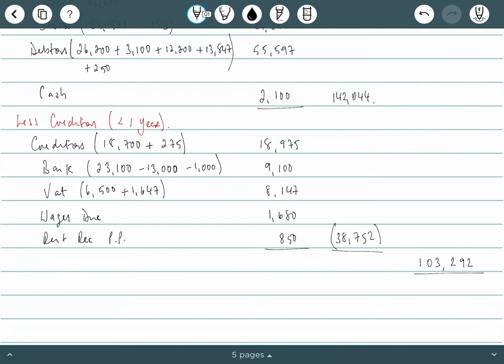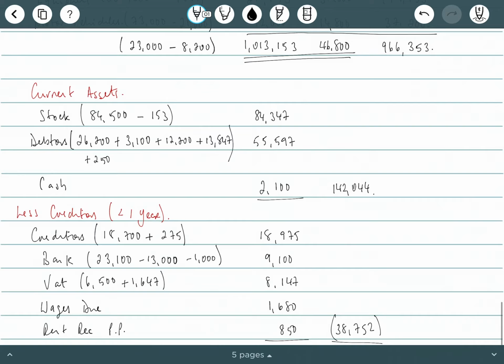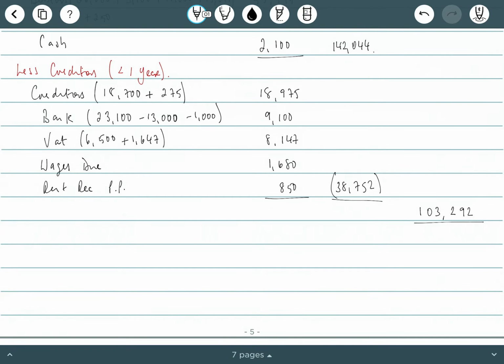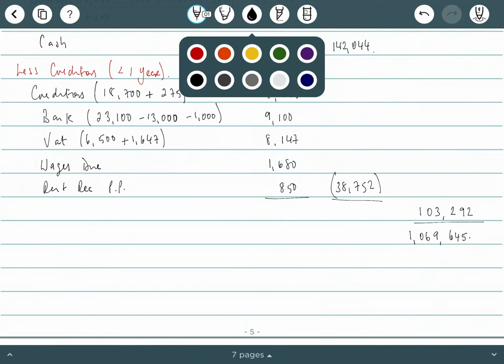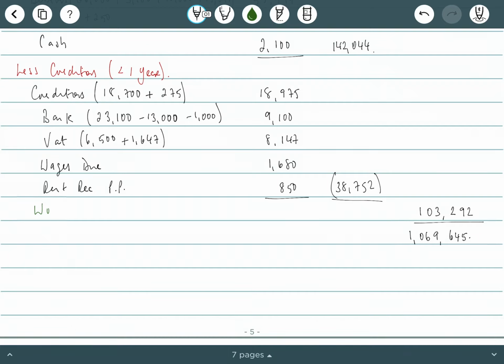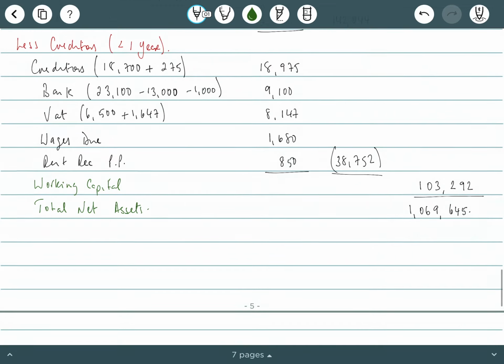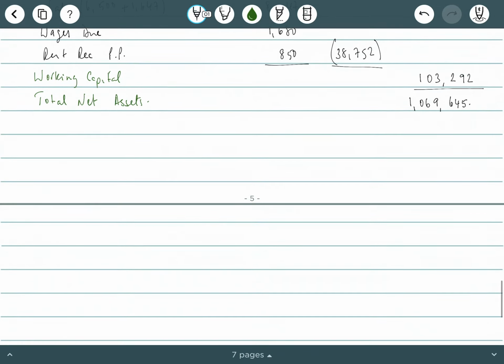That's a positive figure. All right, so 966,353 plus 103,292 gives us our total net assets, 1,069,645. So that was your working capital, and that is your total net assets.